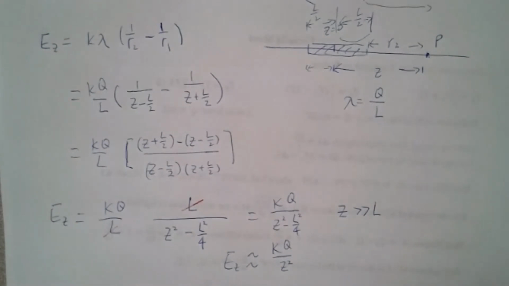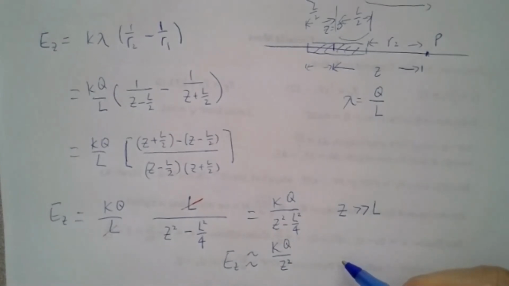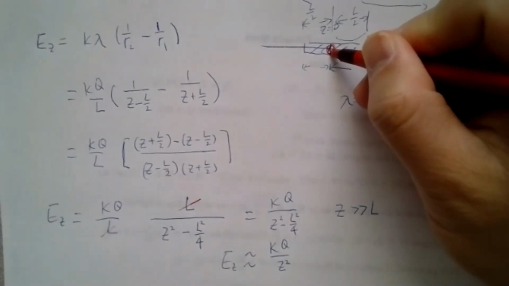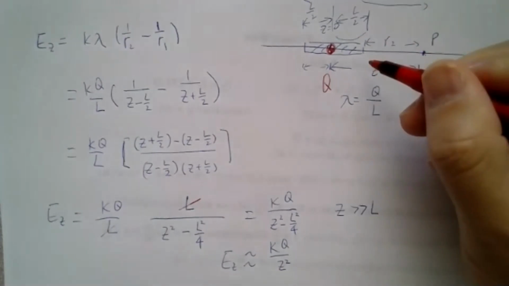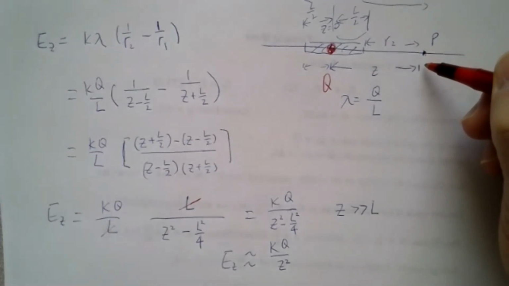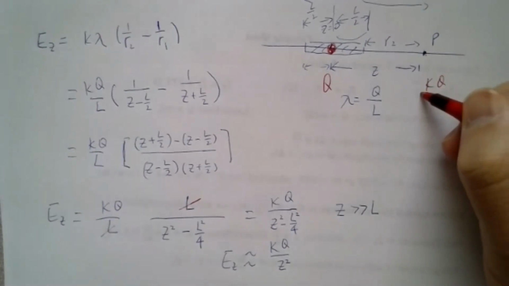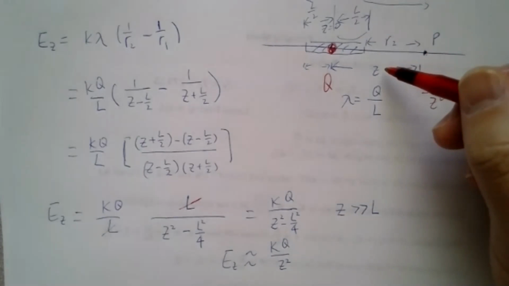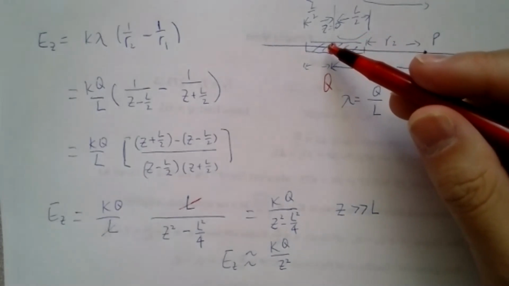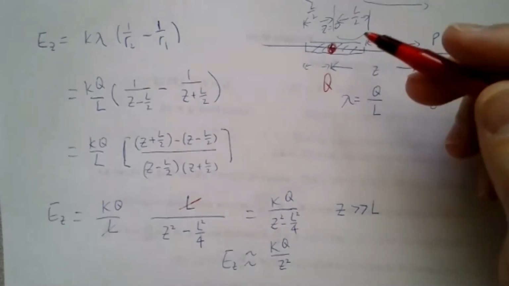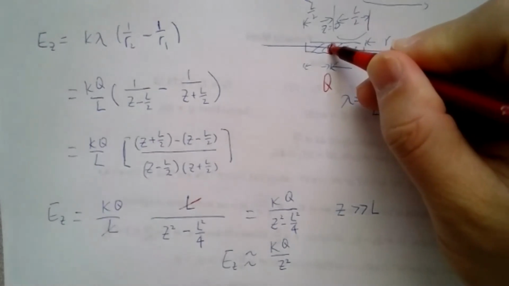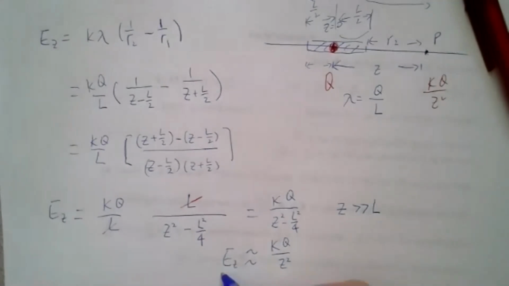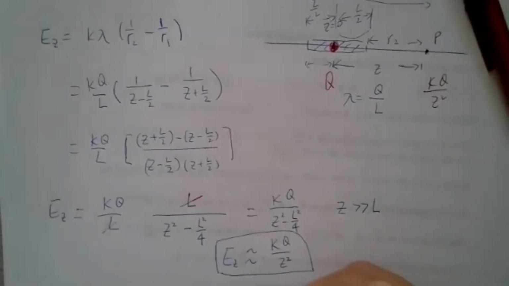So this is becoming similar to a point charge Q at the origin, and the electric field at this point would be just kQ over Z squared. So if Z is much larger than L, this approximates the electric field of a point charge at the origin, which is what the problem is asking you to show.